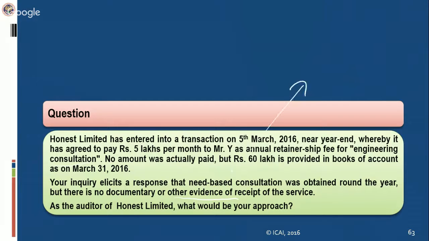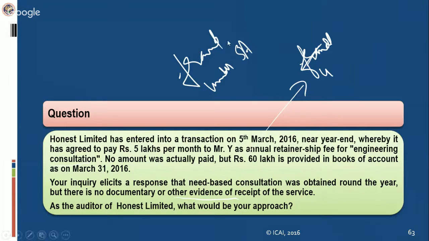This case study is attracting a case of fraud, which is covered under SA 240. And then just because it is a company, therefore section 143(12) shall also be attracted, and then a reporting under CARO will also be attracted here in the given case.